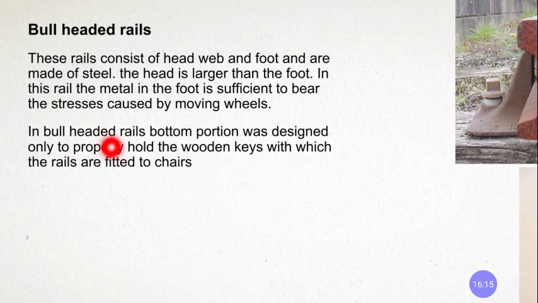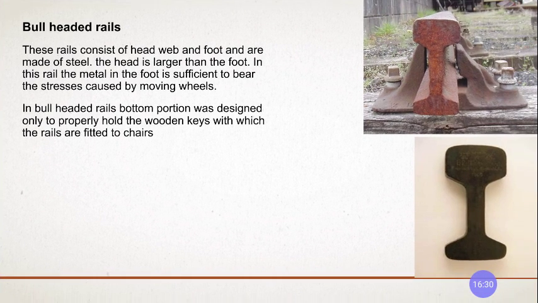In the case of bull-headed rails, the bottom portion was designed only properly to hold the wooden keys with which the rails could be fitted. This type of bull-headed rail was only useful on the wooden sleepers with the keys.